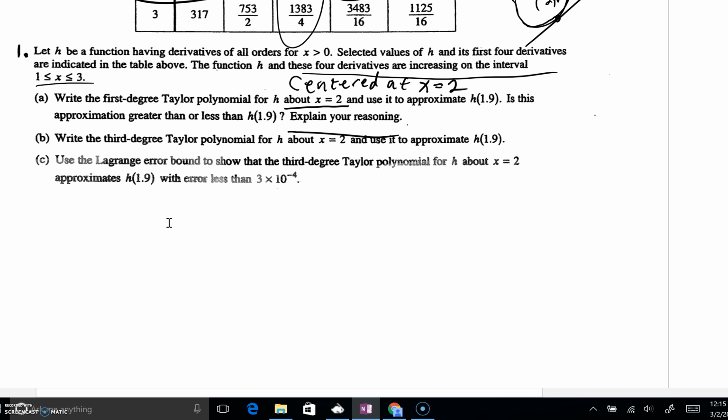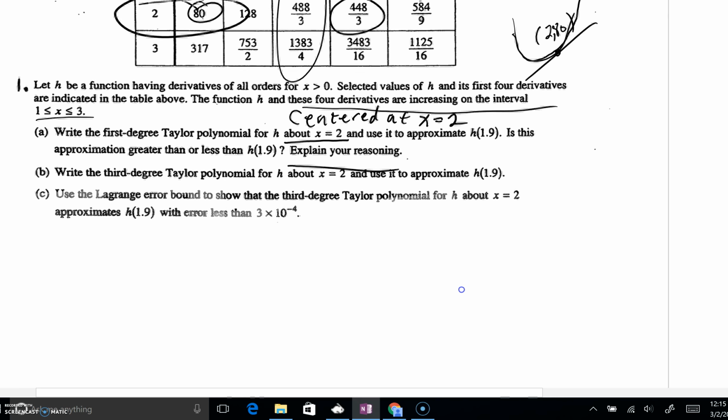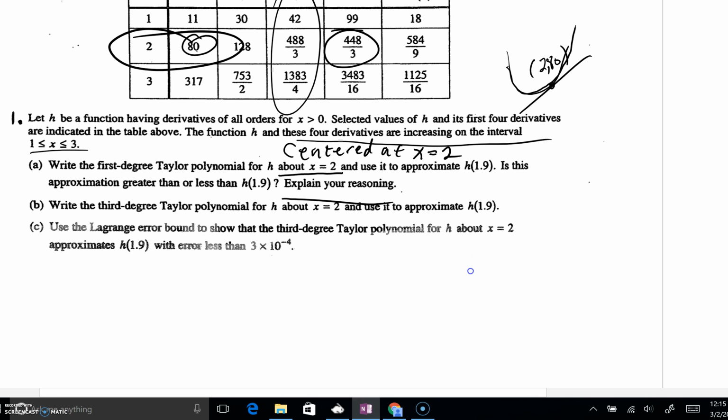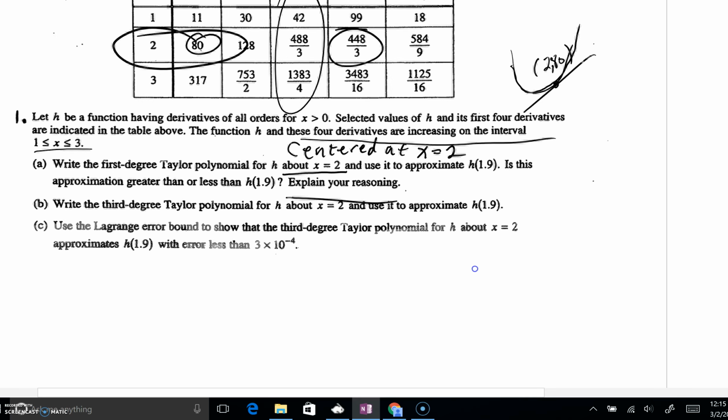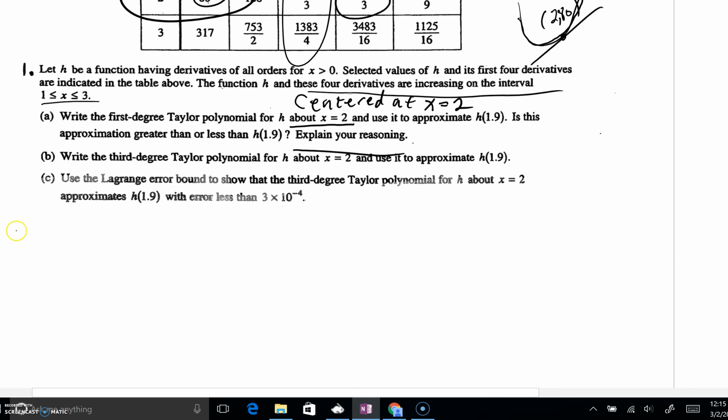Part C says use the Lagrange error bound to show that the third degree Taylor polynomial, which you just used, about x equals 2, has error less than 3 times 10 to the negative 4th. You can think, how in the world do we do that? Well, here's how. We were working with a third degree polynomial.